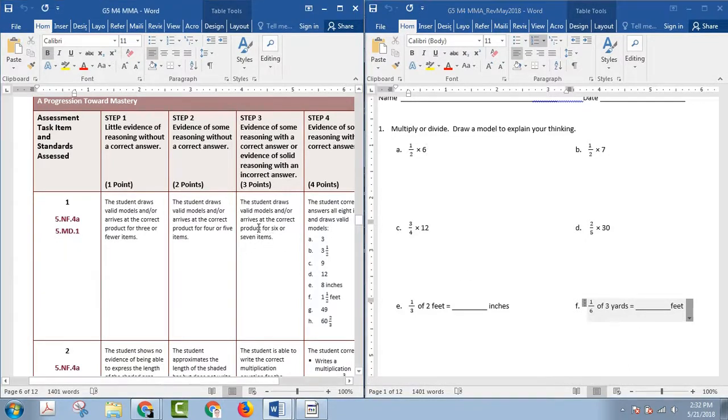It looks like the current rubric is asking that the student draws valid models and or arrives at the correct product. So here's what we're doing. We're actually going to be combining the 3 and the 4, and then we're going to move some of the current 3 into the 2. So I'm actually going to get rid of these.